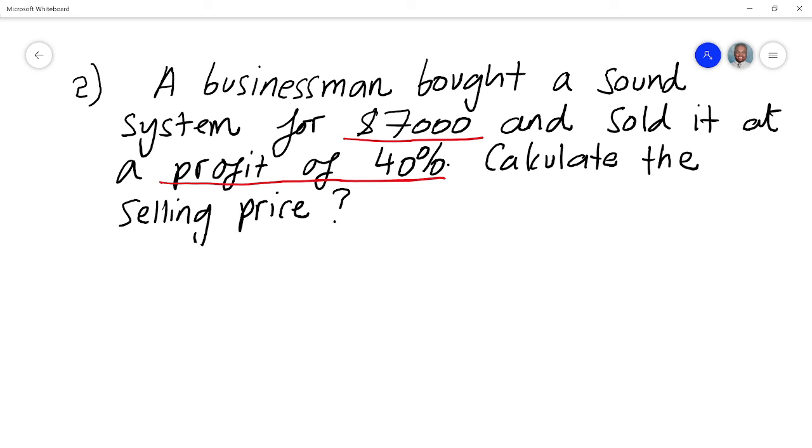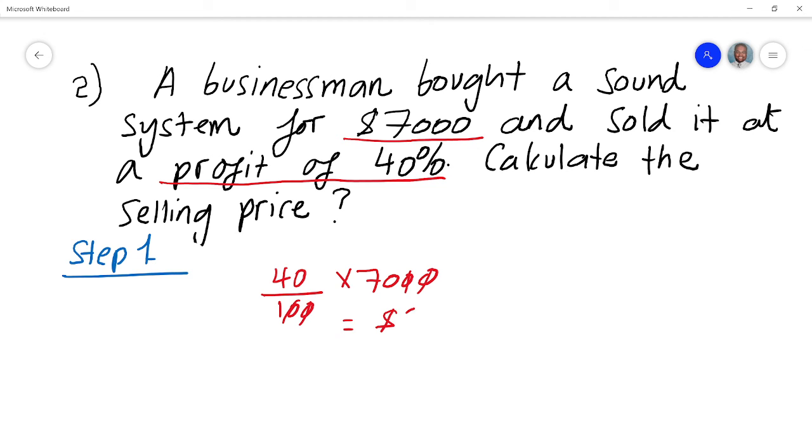So let's look at step 1. The first thing you do is you go 40 over 100, so 40% over 100 times 7,000, and that now becomes 2,800. Now that 2,800 is the profit you've made as a dollar value.